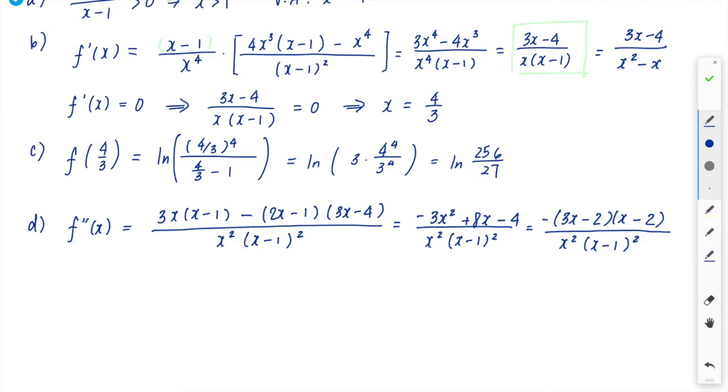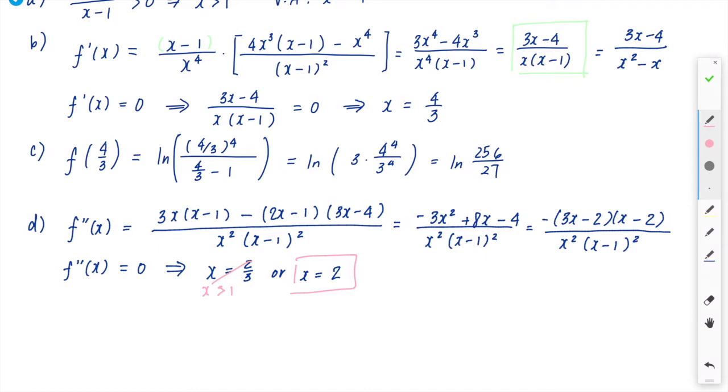We're looking at concavity, so let's set this equal to 0 and find the possible locations of the points of inflection. So looking at the numerator that we have, x is equal to 2 over 3, or x is equal to 2. Now notice how x equals to 2 over 3 is not in the domain, because x must be greater than 1, right? So this cannot be counted. This is the only possibility.